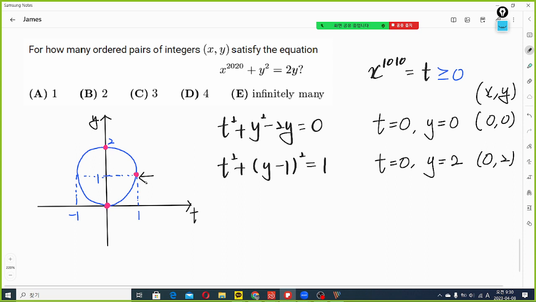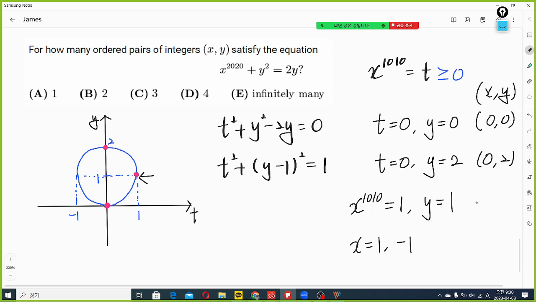And for this point, when t is 1, y is 1. Because t is x to the power of 1010, x can be either positive 1 or negative 1, because negative 1 to an even power becomes 1.